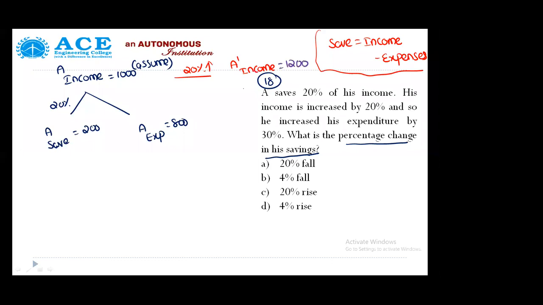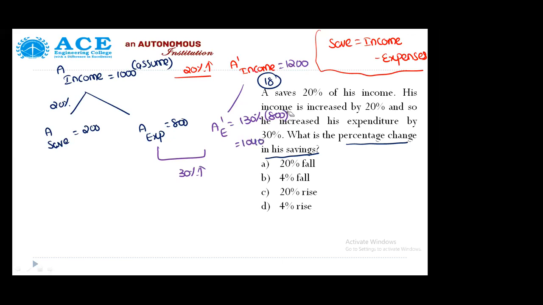The next important thing is that expenditure is also increased by 30%. What is the new expenditure? It is 130% of 800, which is nothing but 1040.